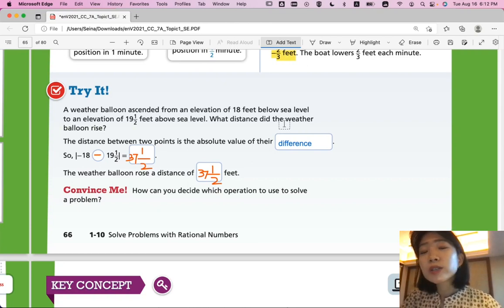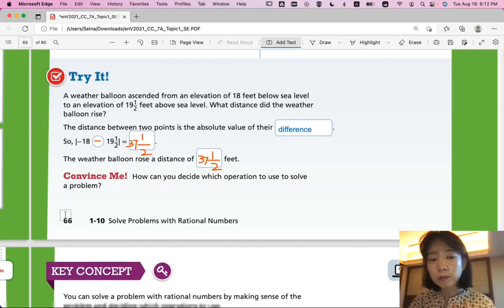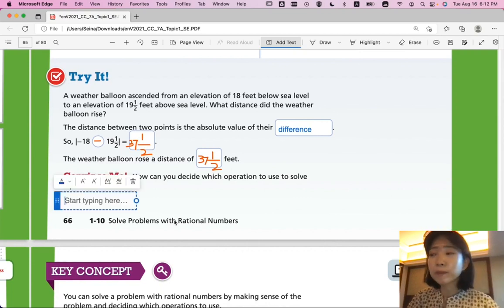Or you can draw a bar diagram or use a number line to help you make sense of and understand the problem. And then you can decide which operation you can use to solve the problem if it doesn't click right away.